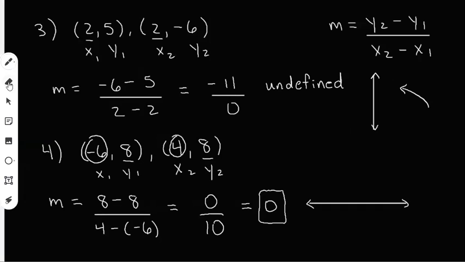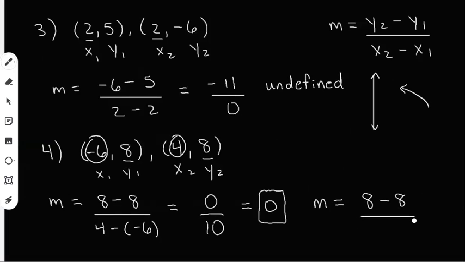So let me erase this line and we'll do y1 minus y2 at the top. If I was to do the first y value minus the second y value, I would still get 8 minus 8.